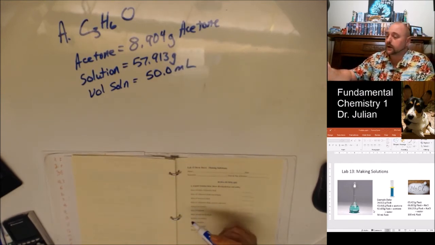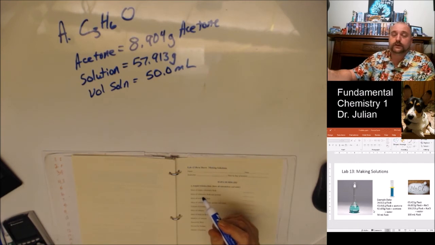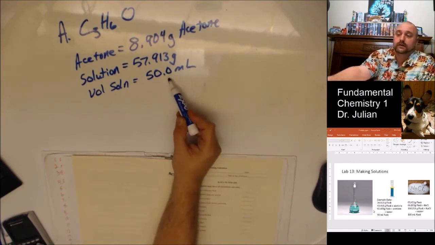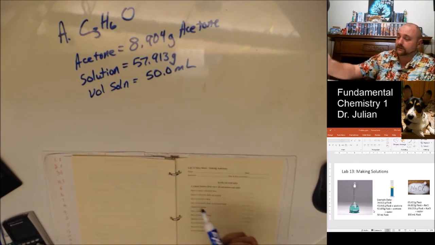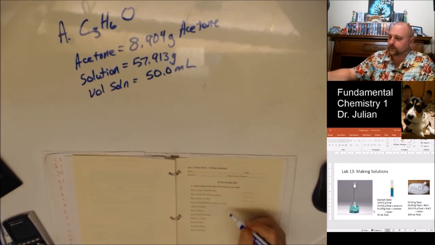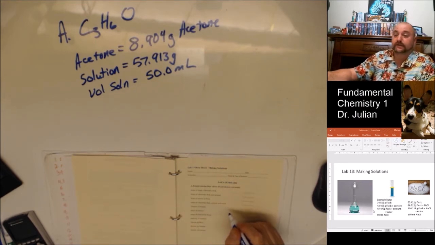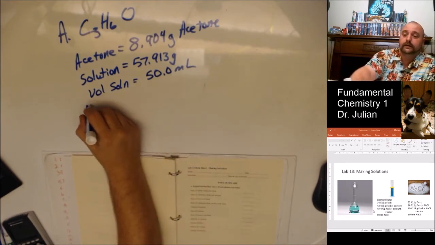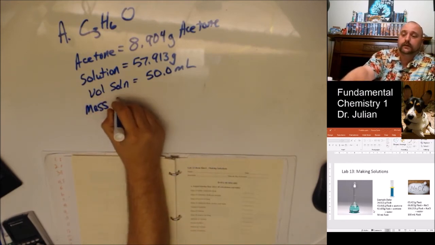The one we used was 50 milliliters. How careful you are doing it, and the temperature, and how carefully they made this determine how many sig figs you can get there. We'll just go with the 50.0. Then it asks for the mass of the solution. I already got that. It asks for the mass of the water.